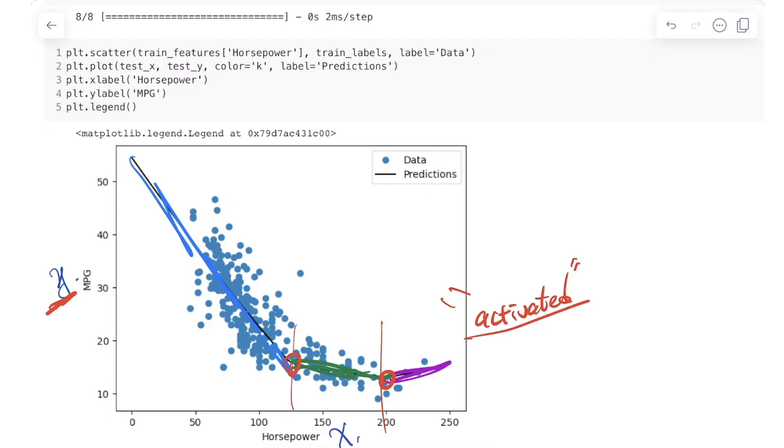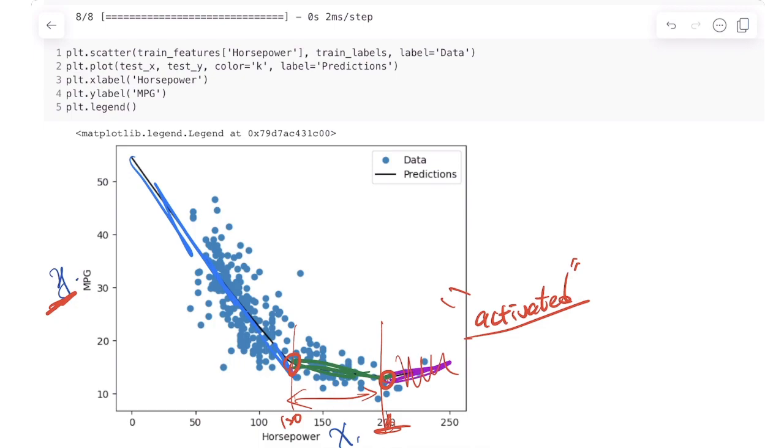So for x1 larger than 200, that means some set of the hidden neurons are activated, and for x between 120 and 200, some other set of neurons are activated, so they contribute to y.